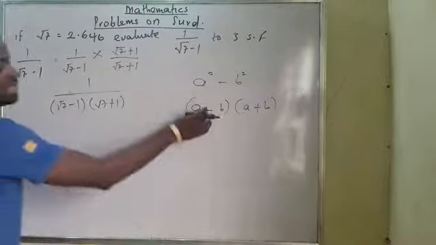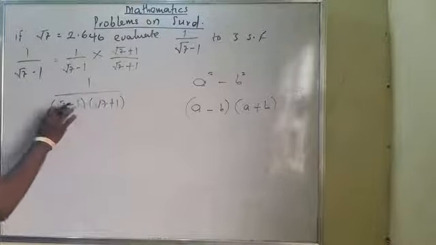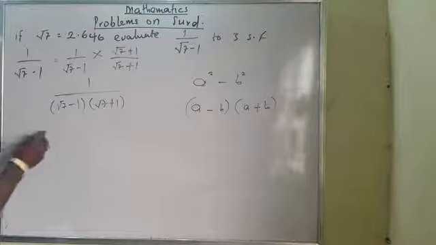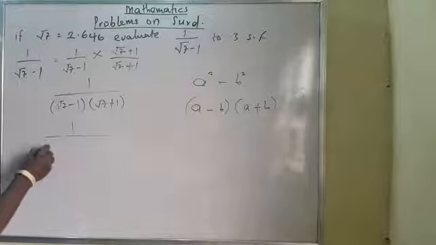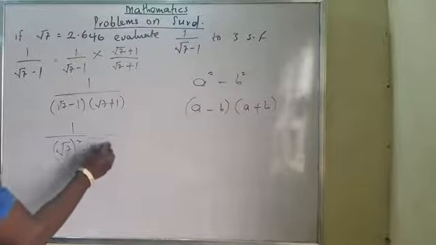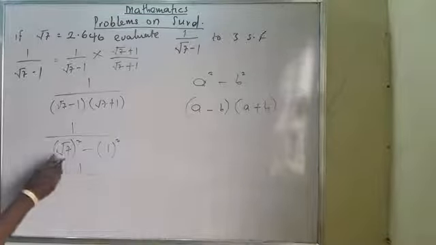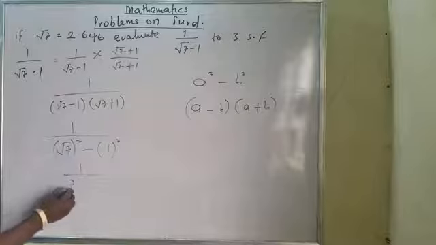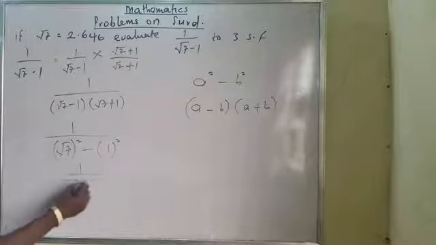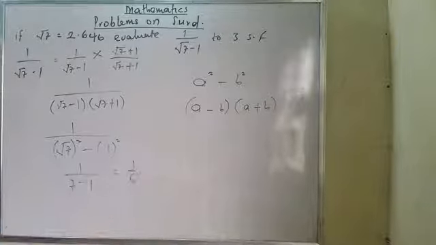They have the same variables with minus associating them. It means I can easily say that 1 divided by root of 7 squared minus 1 squared, which is 1 all over 7 minus 1, because 1 squared means 1. It means I'll be having 1 divided by 6.